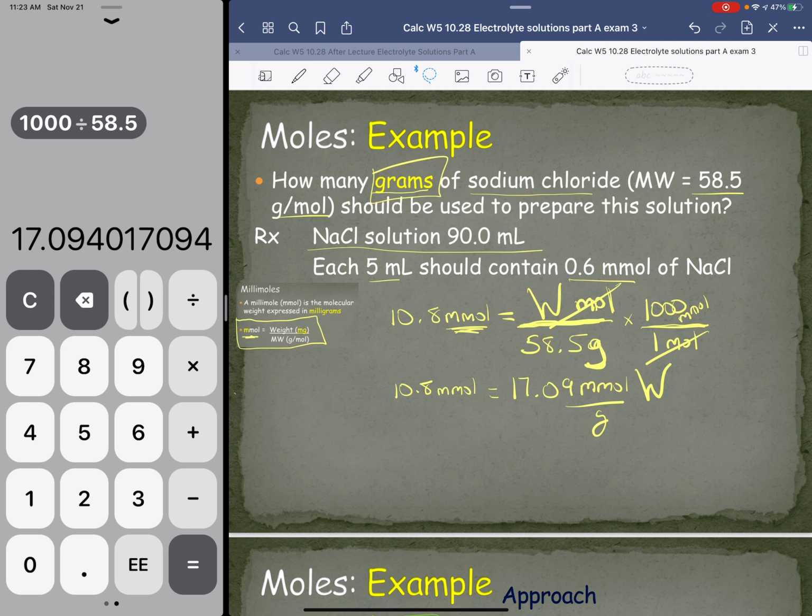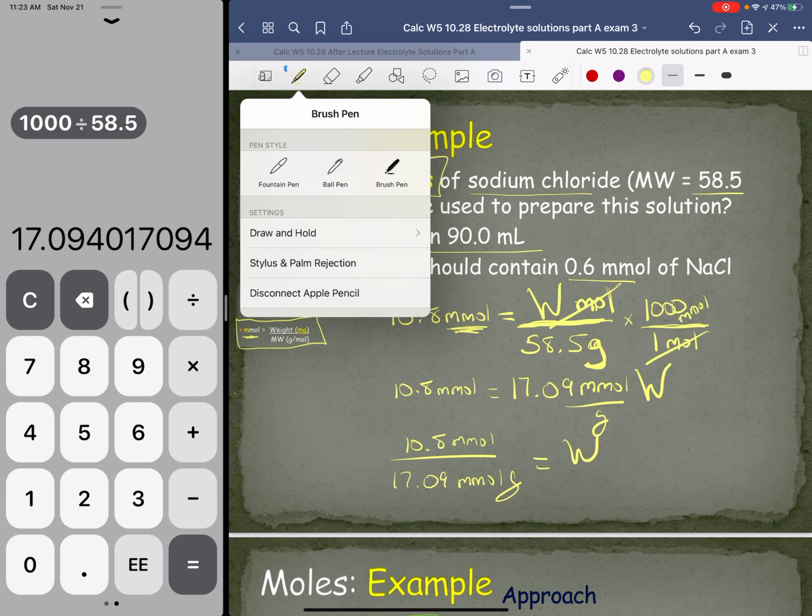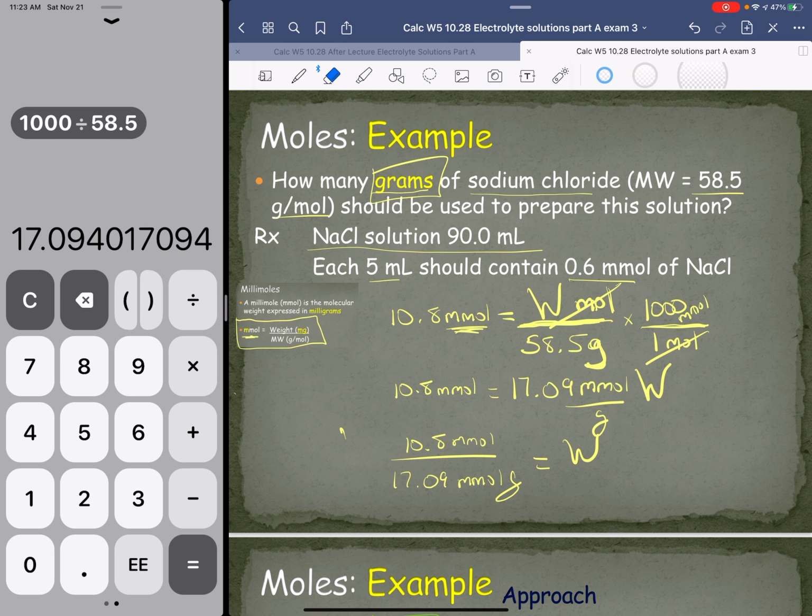Now, I know in my math that it's just 10.8 millimoles divided by 17.09. I could easily have thrown that onto my calculator. Oops, millimoles per gram. Do you see what I just did? Always feel free to make a mistake, but make sure you go back and double check.